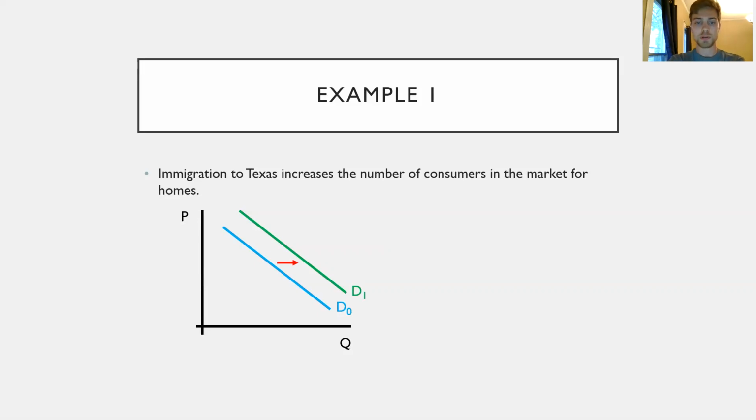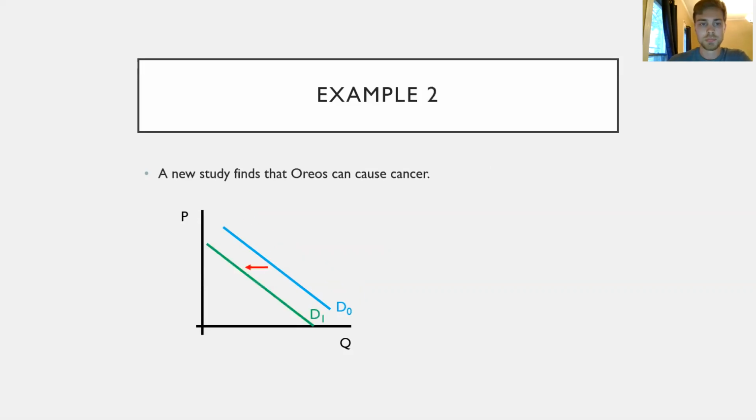So we just see a move from D0, the blue line, to the green line, D1. A second example, and I'm just making this up, if a new study found that Oreos can cause cancer, that would probably decrease the demand for Oreos. And so we just see a leftward shift in the demand curve for Oreos from D0 to D1 there.